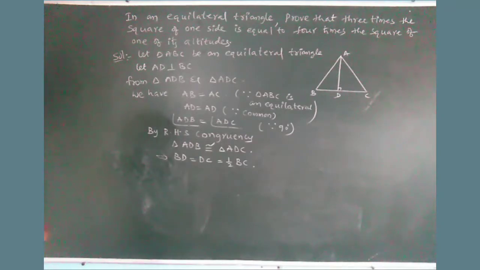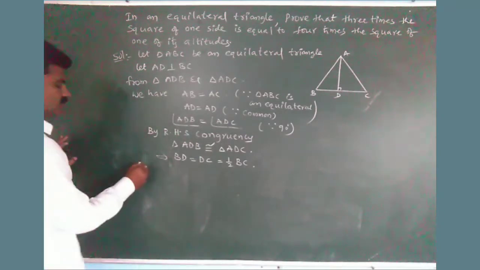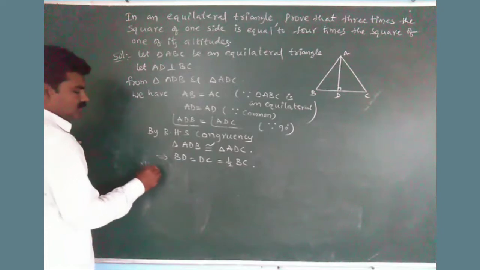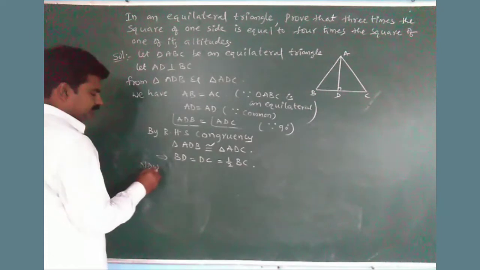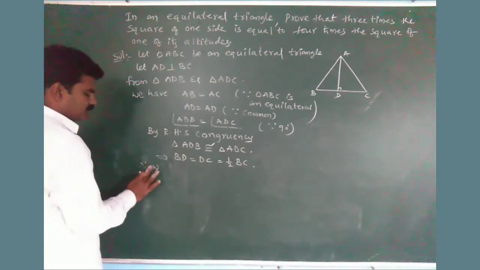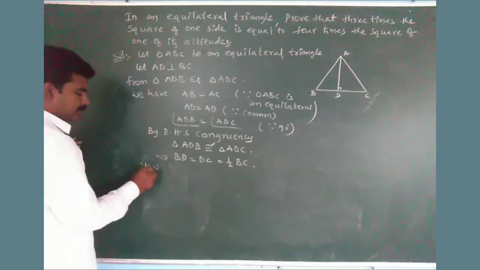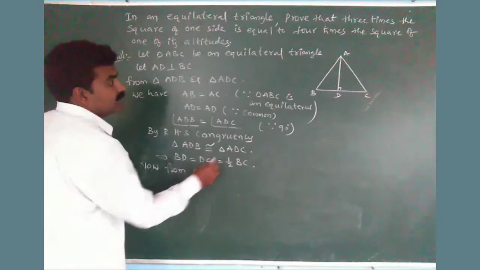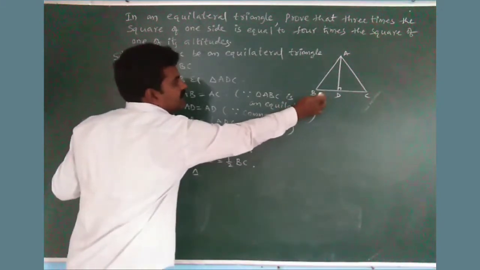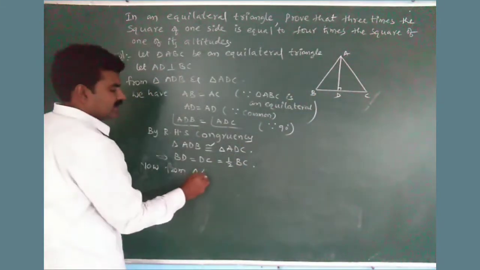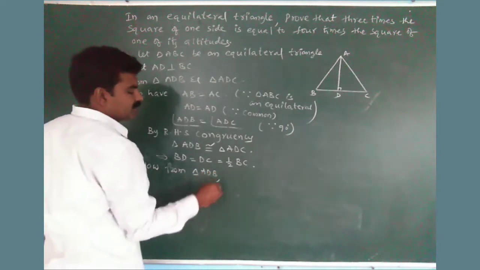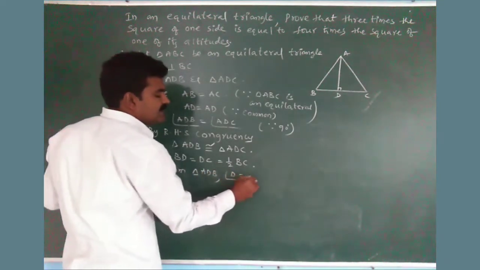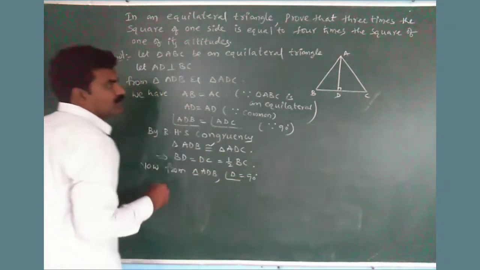Now I want to go with triangle ADB, and here angle D is 90 degrees.